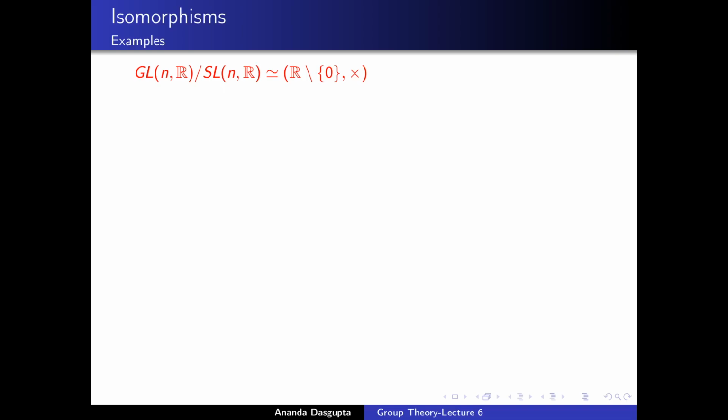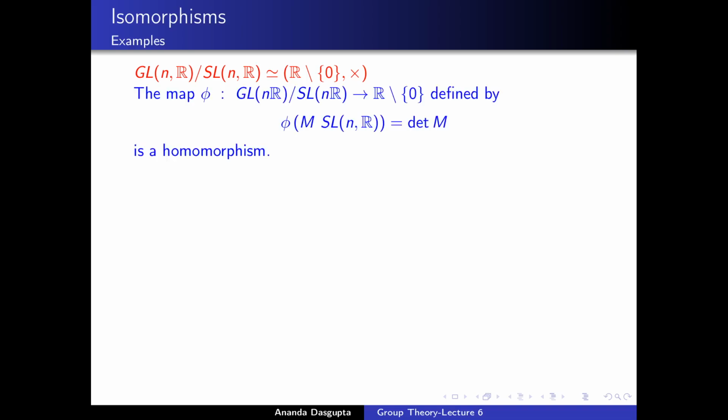I want to formalize this by showing that there is an isomorphism between these two groups, the quotient group on the one hand and the set of all non-zero real numbers under multiplication on the other. Now, to show that, what we need is an isomorphism, an invertible homomorphism between the two groups. So what we really need is to show that there is a homomorphism and that this homomorphism is one-to-one.